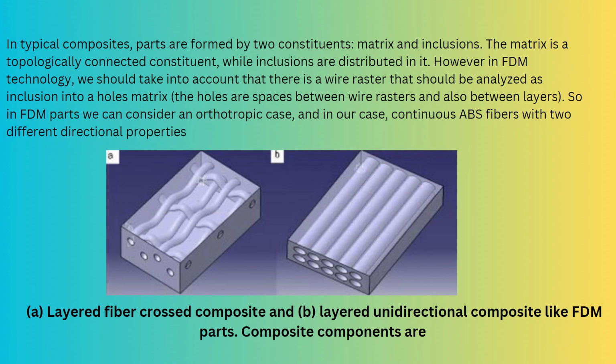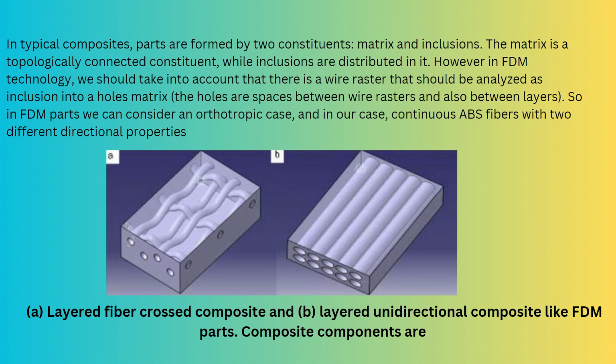However, in fused deposition modeling technology, we should take into account that there are wire rasters that should be analyzed as inclusions in a whole matrix, meaning the holes are the spaces between the wire rasters and also between the layers.